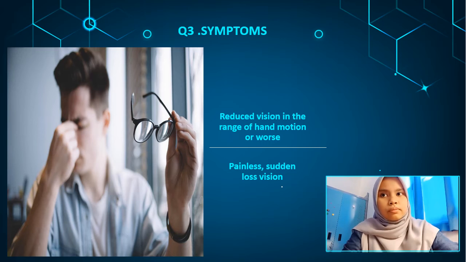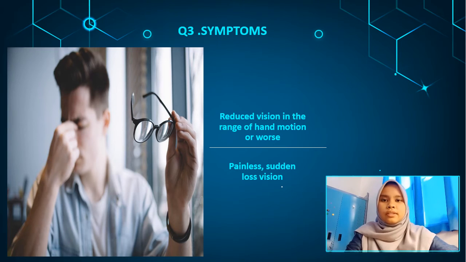From the symptoms, the structure that is affected is the central retinal artery, CRA. This structure provides the main nutrients to the retina, and the retina is the layer that senses the light and turns it into electrical signals.